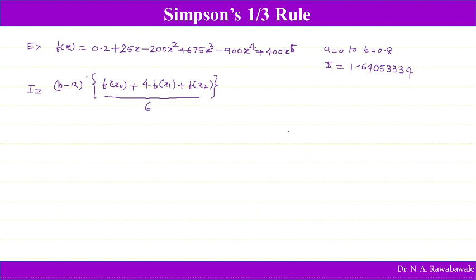So now we want to find f of x naught, f of x1, f of x2. First of all, x naught is equal to 0.